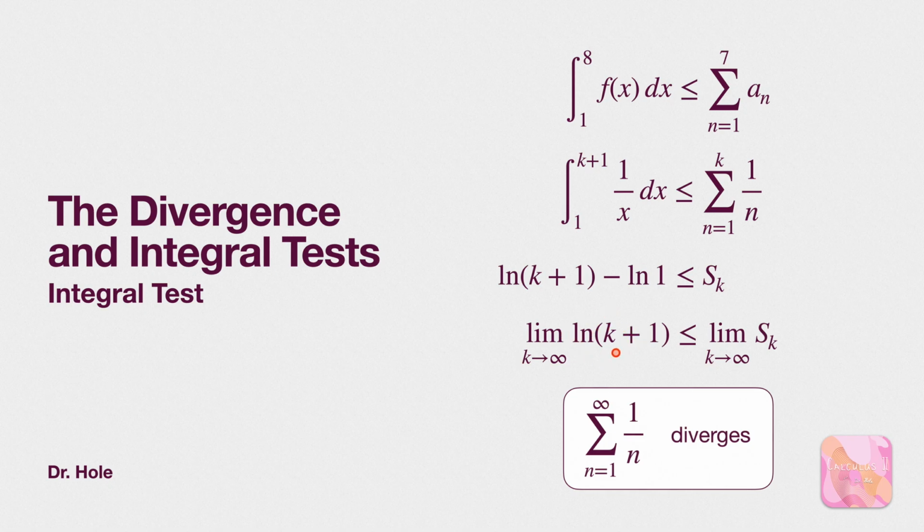As these larger and larger values are always less than or equal to s sub k, then the limit of s sub k is unbounded, is infinity. Infinity is not a real number. What does that mean? Well, by the definition of convergence of a series, this series diverges.